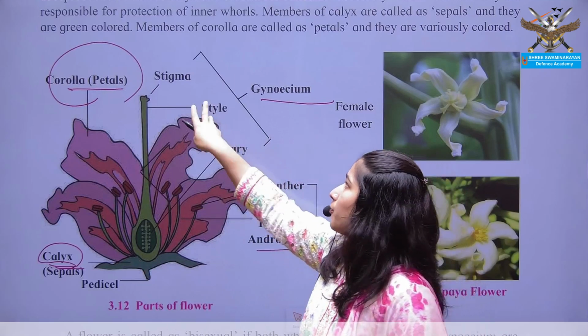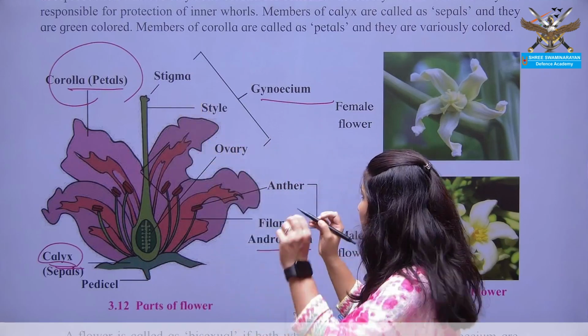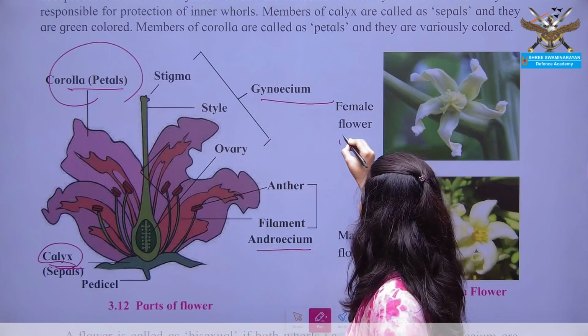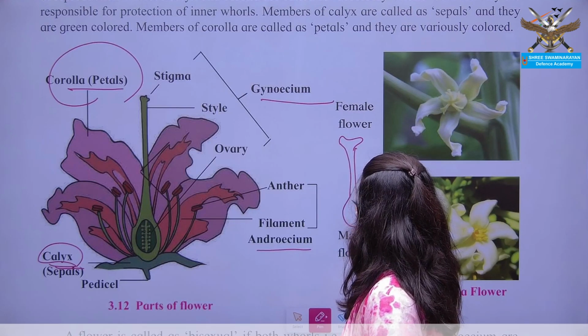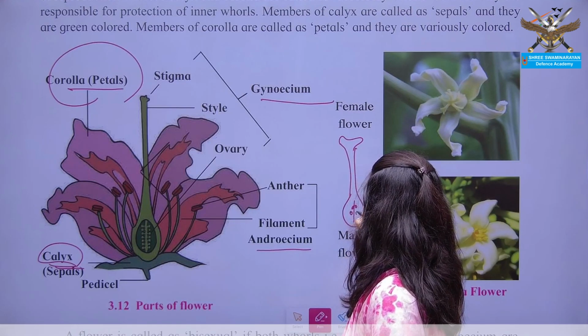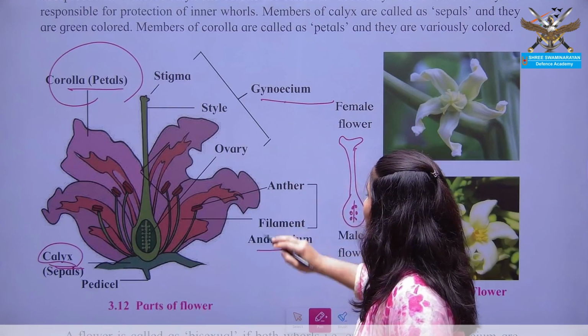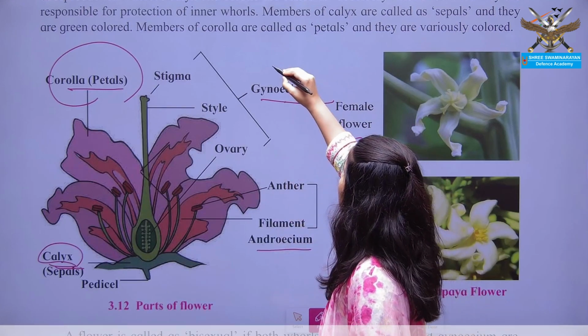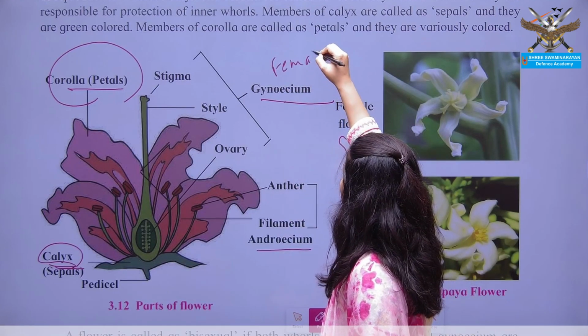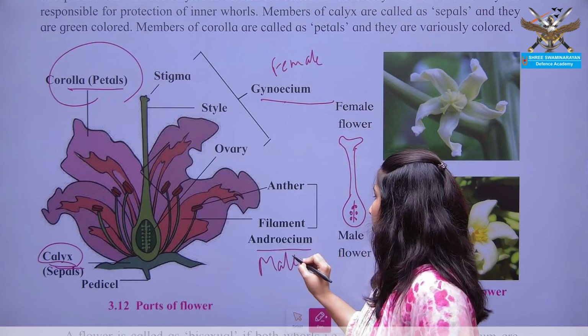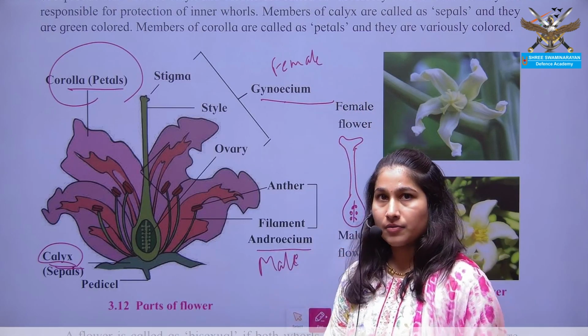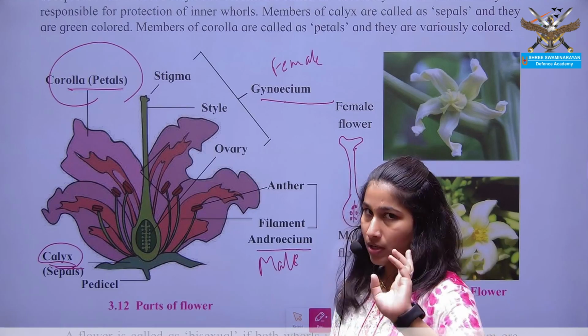Gynoecium is made up of again 3 different structures. If I draw the structure of gynoecium separately, it will look like this. So gynoecium is the female structure and androecium is the male structure of the plant, which is involved in sexual reproduction.